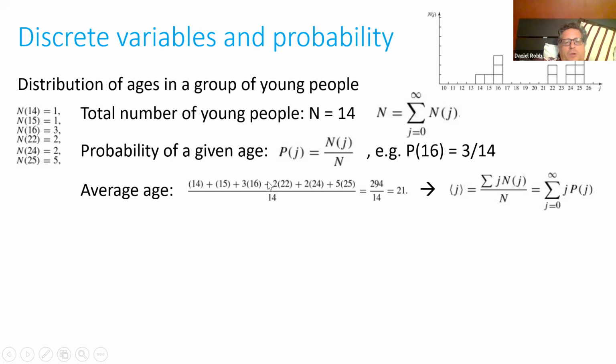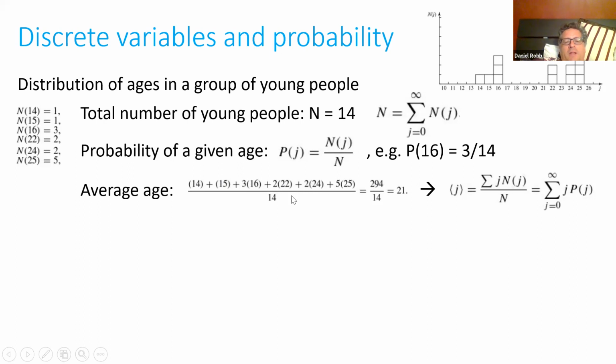There's 2 22-year-olds, so we multiply 22 by 2. We multiply 24 by 2. We multiply 25 by 5. So we're going to multiply each age by the number of people with that age to get the total collective age of the group, which happens to be 294, if you verify that.